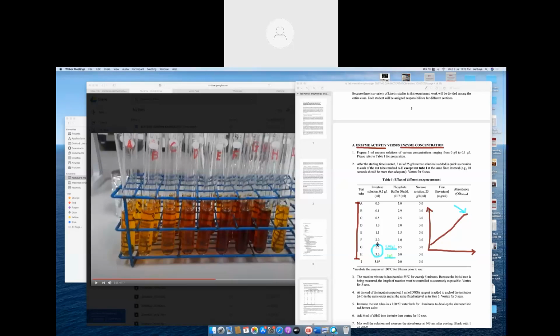So why do you think the absorbance for G and H is not that much different compared to the others? Basically what happened at this time, 0.08 gram. Okay, it's 0.1, sorry.